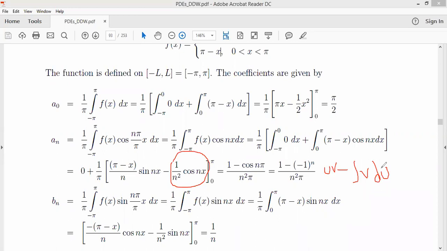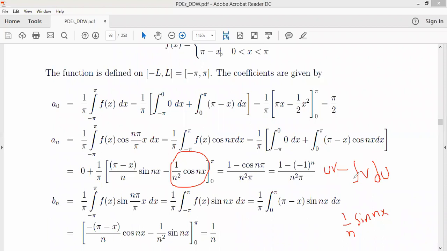But now what was our v? Our v was 1 over n sin nx. And the du was minus 1.